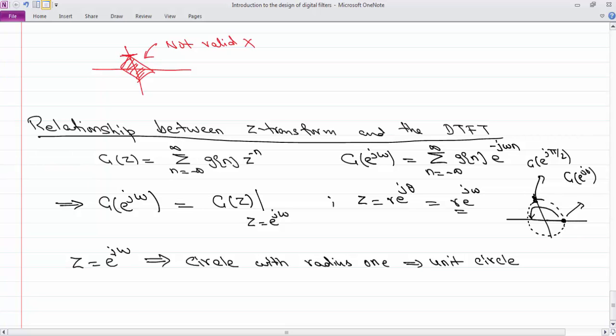As you go from here to here, you are going from 0 frequency to minus pi frequency. So DTFT is equal to Z transform on the unit circle.